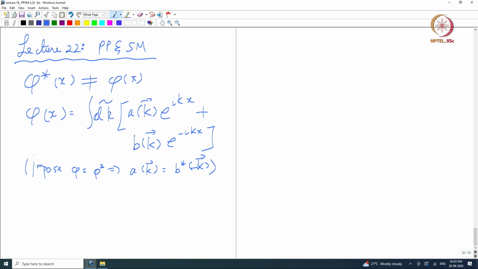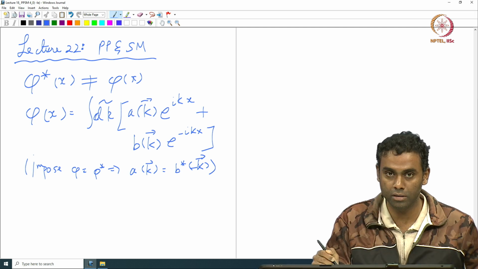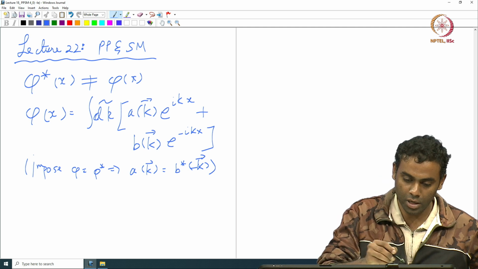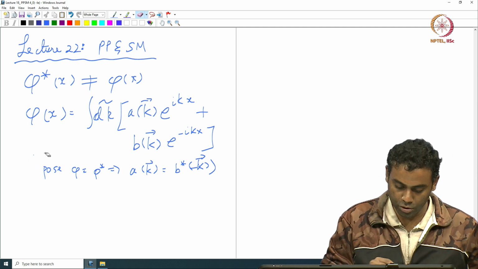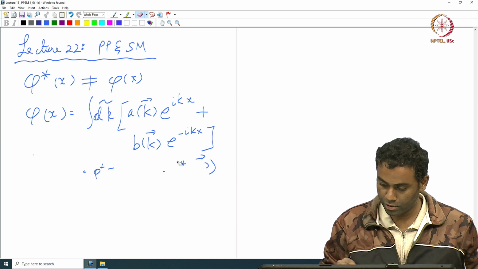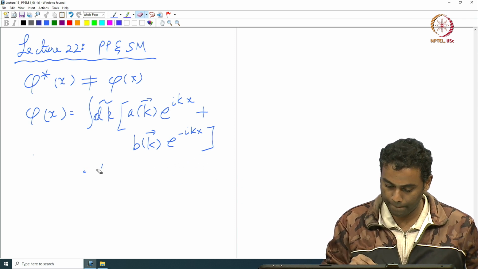Remember this? You can go back 2 or 3 lectures and you will see that this is how we derived the general solution in the final compact form. But now we are not going to impose this, so I will just erase this so that we do not have any confusion.